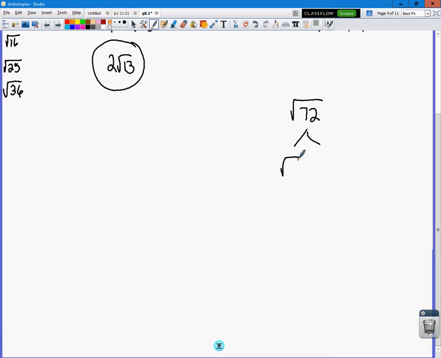Don't make this harder than it is. Either way, right? This is going to have more work to it. Here's why. What is the square root of 9? Is there anything that it can go into 8 that I can take the square root of?